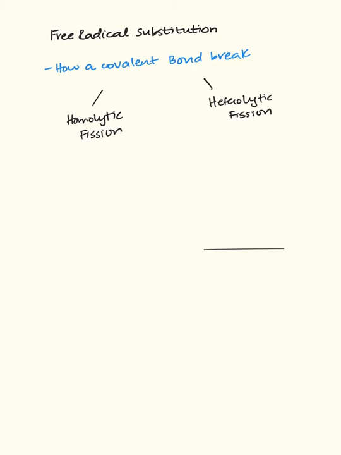Homolytic means that it breaks by equal amounts. I'll explain what that means with the help of an example. Let's see chlorine. A chlorine molecule comprises two Cl atoms. Each atom provides its electron to make this bond. Now in homolytic fission, this bond will split equally.